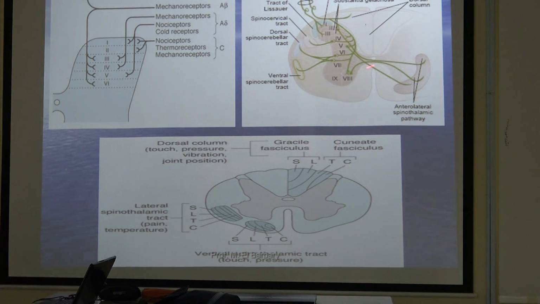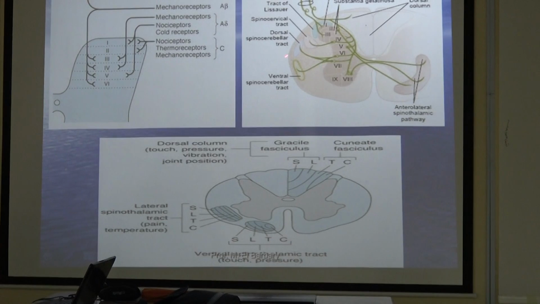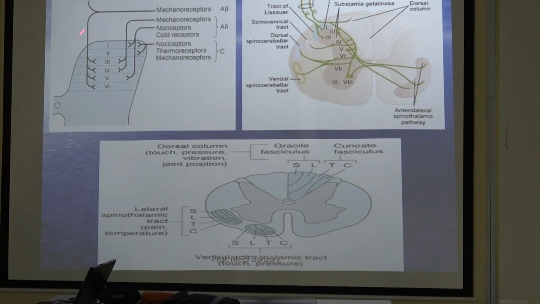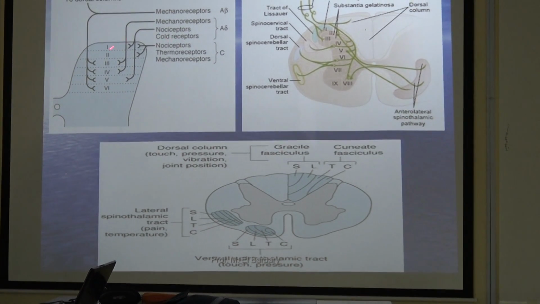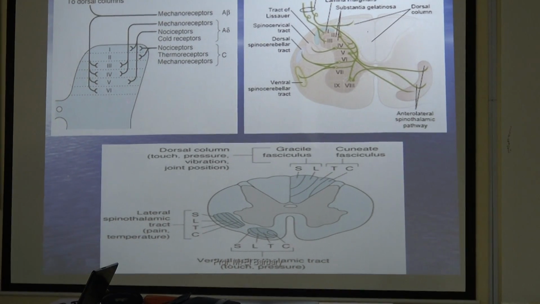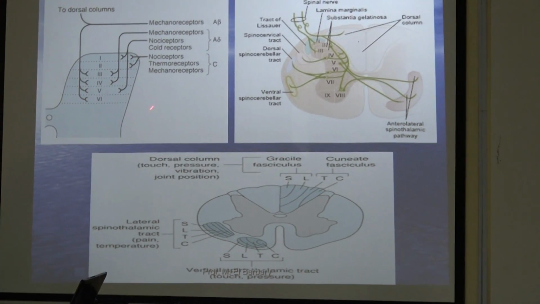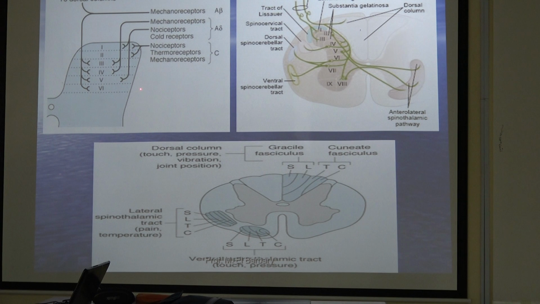This section of the spinal cord shows the posterior horn, which is the substantia gelatinosa of Rolando. And we mentioned there is lamination, layers from layer 1 to 6.